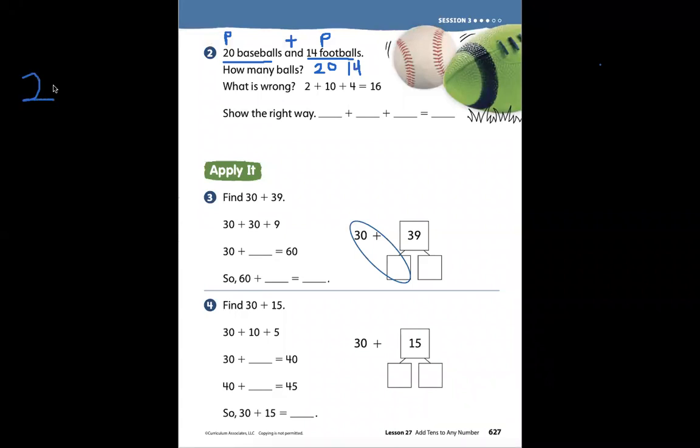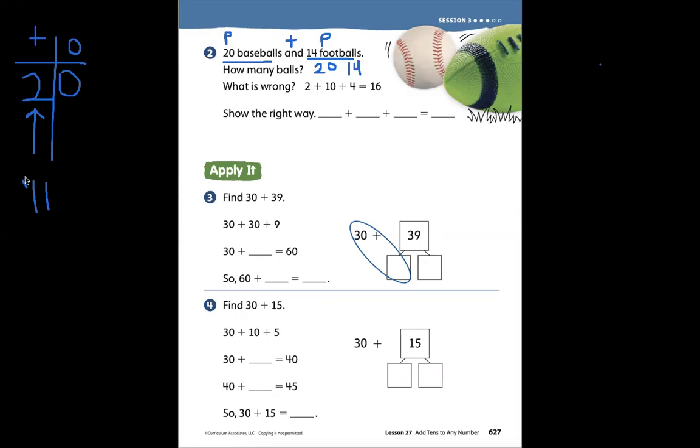If we take the number 20, we know that 20 has tens and ones. How many tens are there? 2 tens. There are 2 tens, so 1 ten, 2 tens, right?